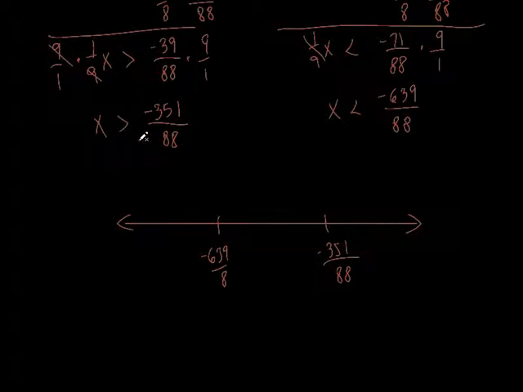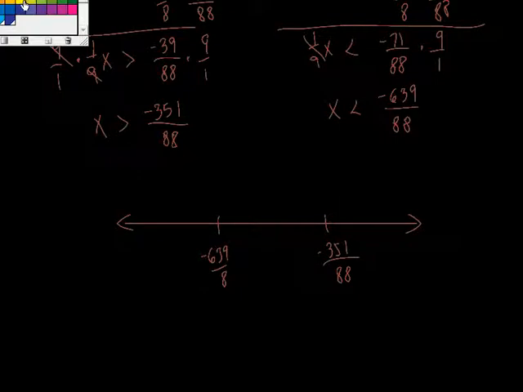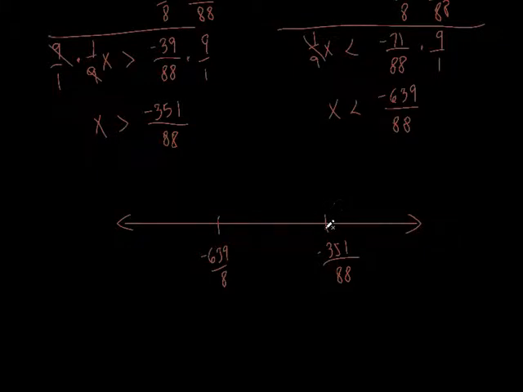It's greater than. So that would be, let's change colors this time. Let's go green and brown kind of go together, right? So watch. It's going to be open, and it's greater than, so it's going to be everything to the right. And this is less than negative 639, so this goes this way, everything to the left.